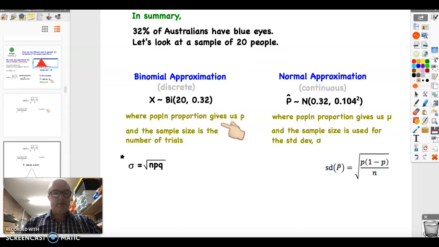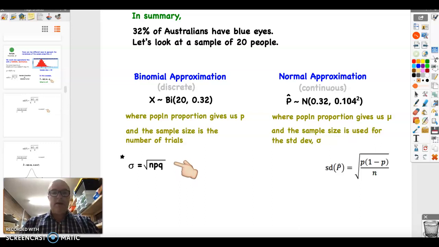The population proportion is what gives us p, and the sample size is what gives us the number of trials. It's important also to remember that a binomial distribution has its own standard deviation. We've calculated before as being the square root of n times p times q.